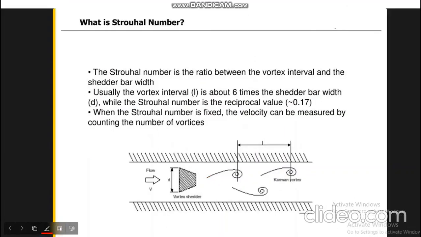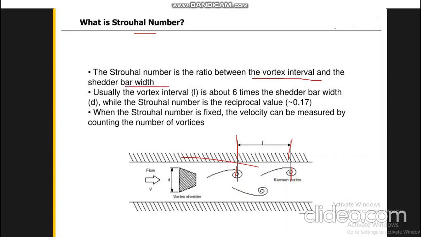And this is the Strouhal number. What is the Strouhal number? The Strouhal number is the ratio between the vortex interval and the shutter bar width inside the pipe. This is point A, this is point B, this is the ratio between the vortex interval and the shutter bar width.